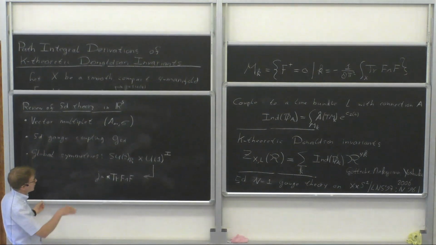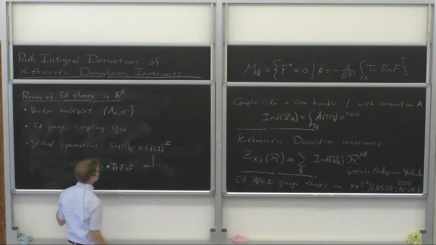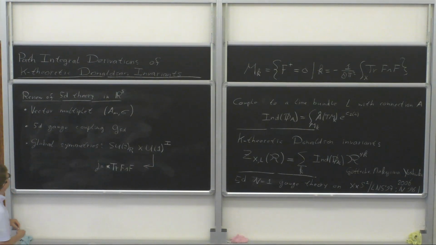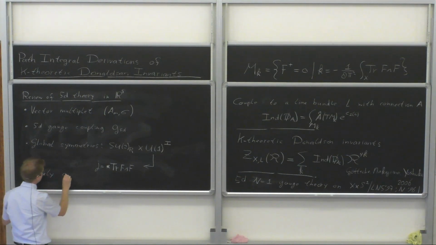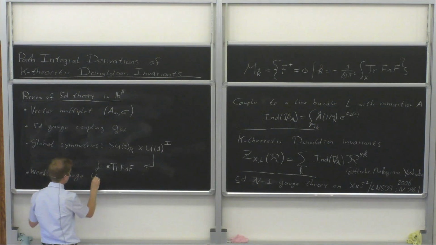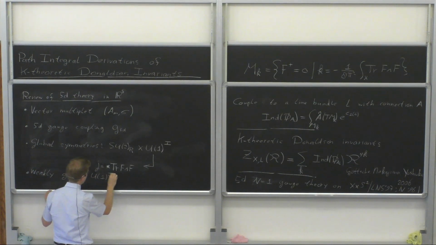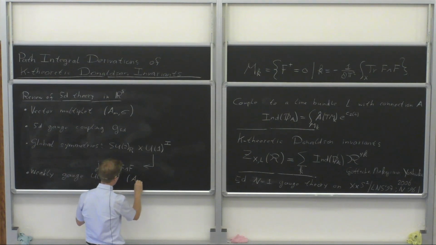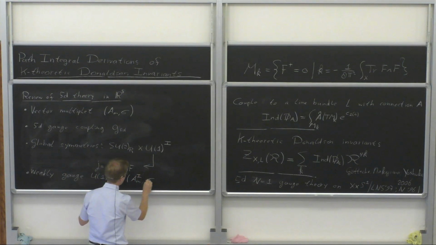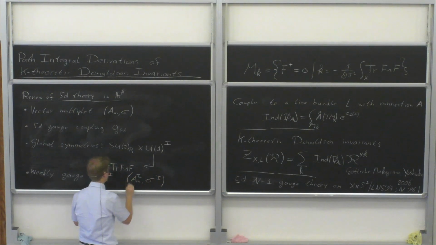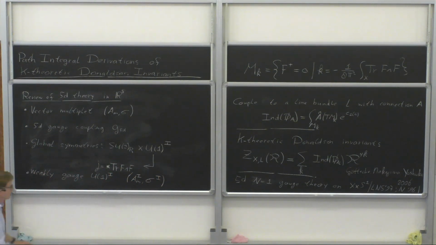We can weakly gauge it by including a frozen vector multiplet for this group. So we get a vector potential A_M^I and another scalar field sigma^I, and we'll set constant background values for these fields.